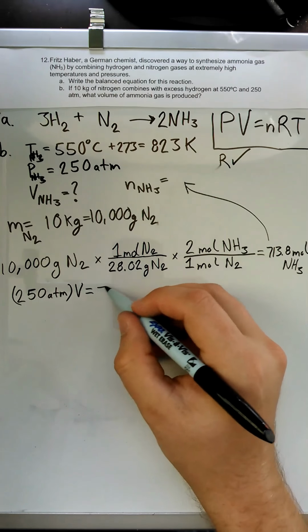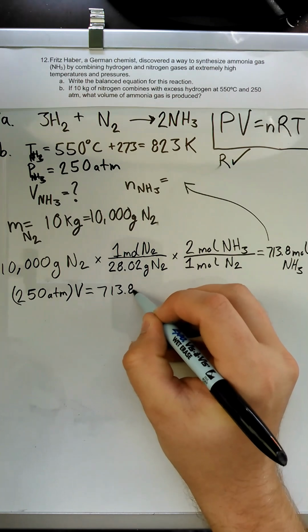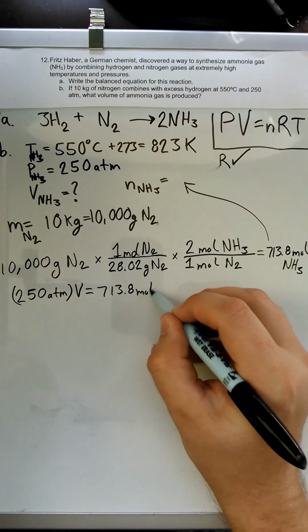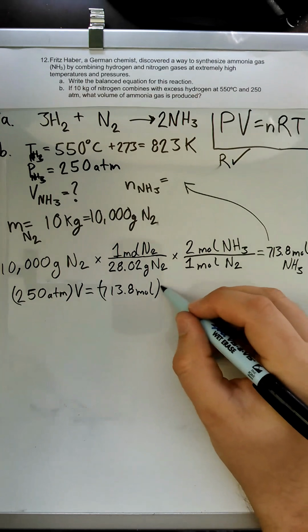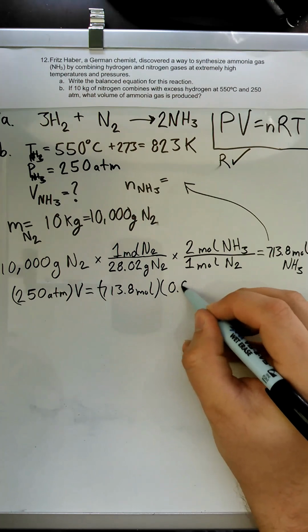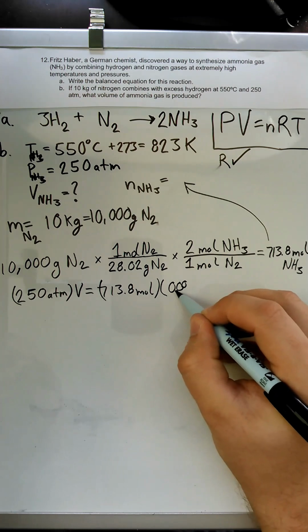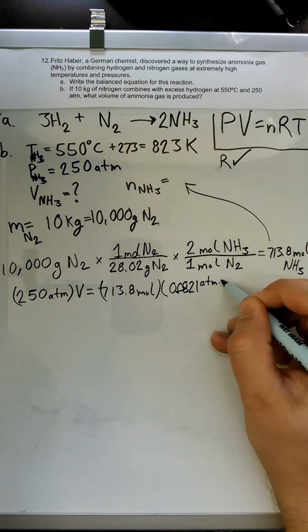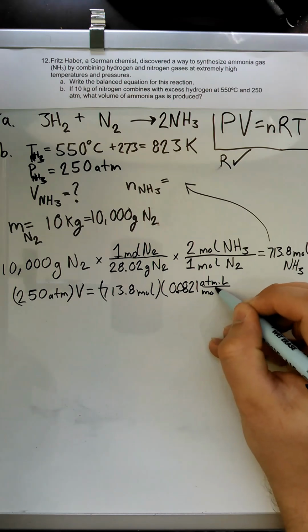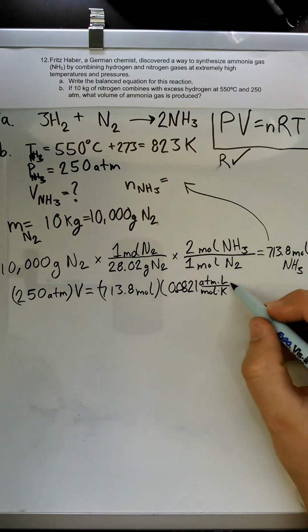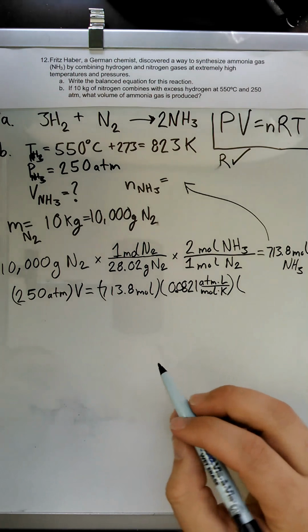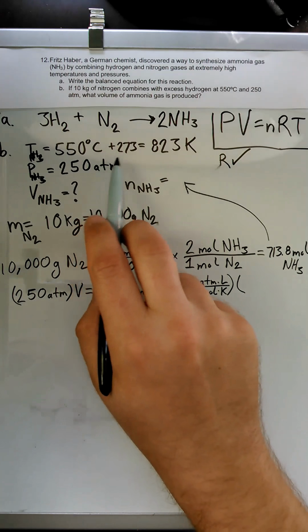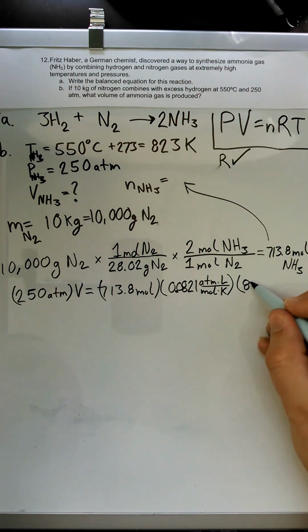This is equal to our 713.8 moles of ammonia multiplied by our gas constant R, 0.0821 atmosphere liter per mole Kelvin, and finally multiply by our temperature in Kelvin of 823 Kelvin.